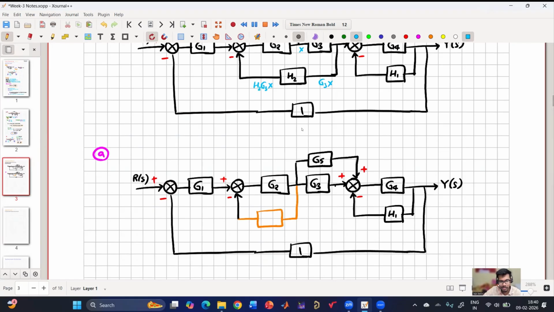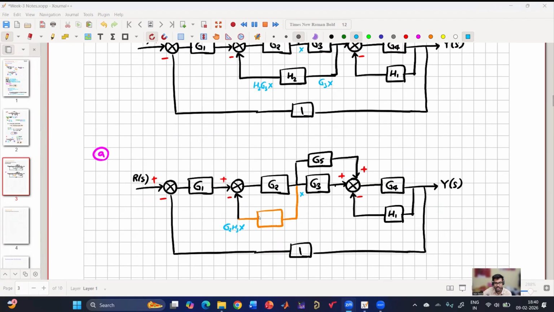Now the same value, this value I am taking as X. This should be G2 H3 into X. So what will be the gain? If this is X, the output is G2 H3 into X. What will be this gain?